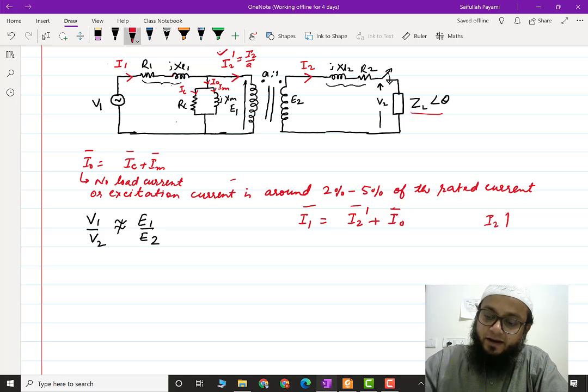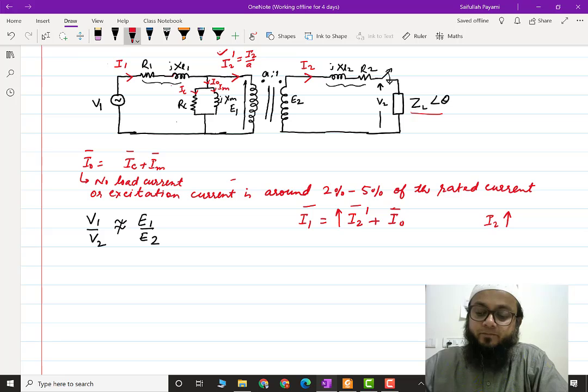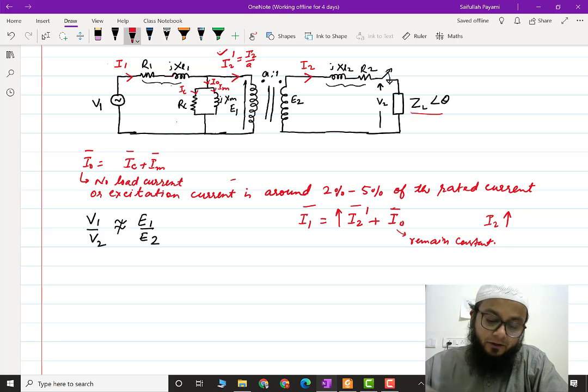If I2 is being varied, I2 dash would also be varied, and I0 will remain constant. Now, the moment I have loaded it, V1 by V2 won't be equal to E1 by E2.